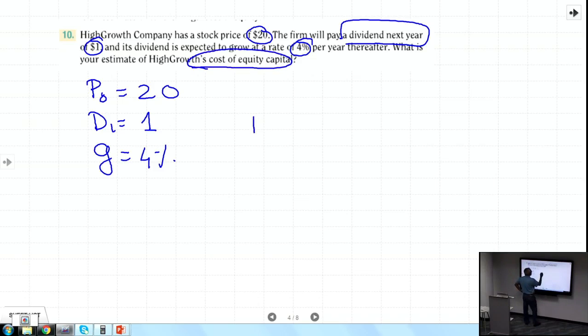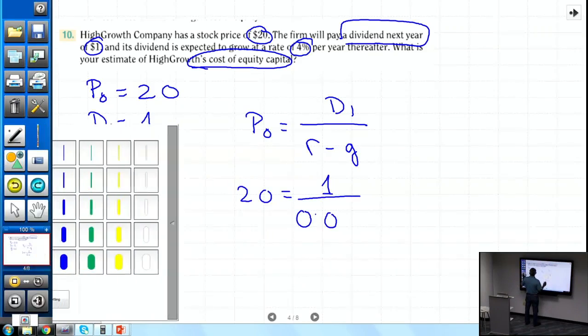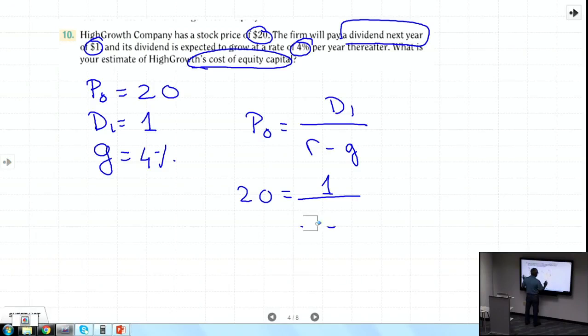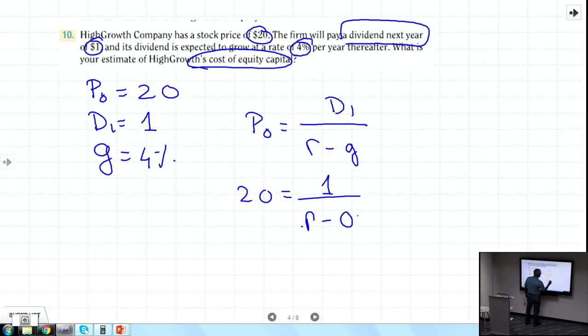We know the formula for stock price is D1 divided by R minus G. So that's 20. D1 is 1. R is, we don't know this. We have to calculate R. Minus G of 0.04.